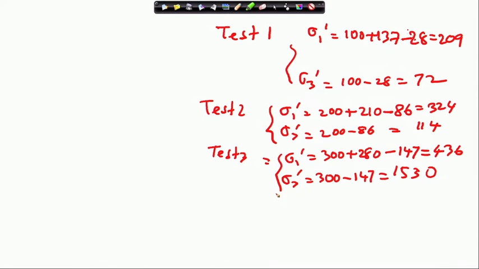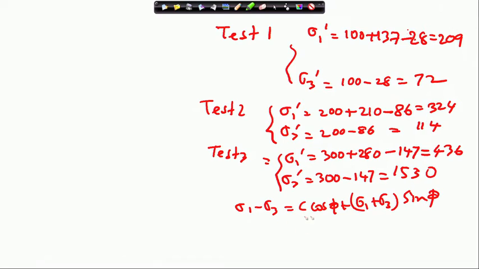Now, what we can do from test 1, we have the expression sigma 1 minus sigma 3 equal to c cos phi plus sigma 1 plus sigma 3 sin phi.